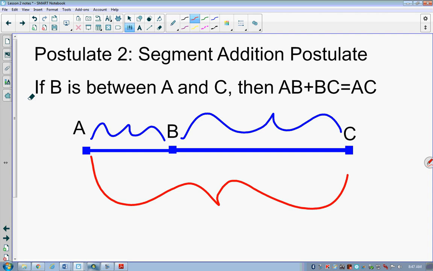Likewise, if we didn't know how far it was from Green City to Kirksville, let's say we don't know how far this is, but we do know how far this is, and we know how far this is. Let's call this Z, and we want to solve for Z. We want to know the distance between Green City and Kirksville.